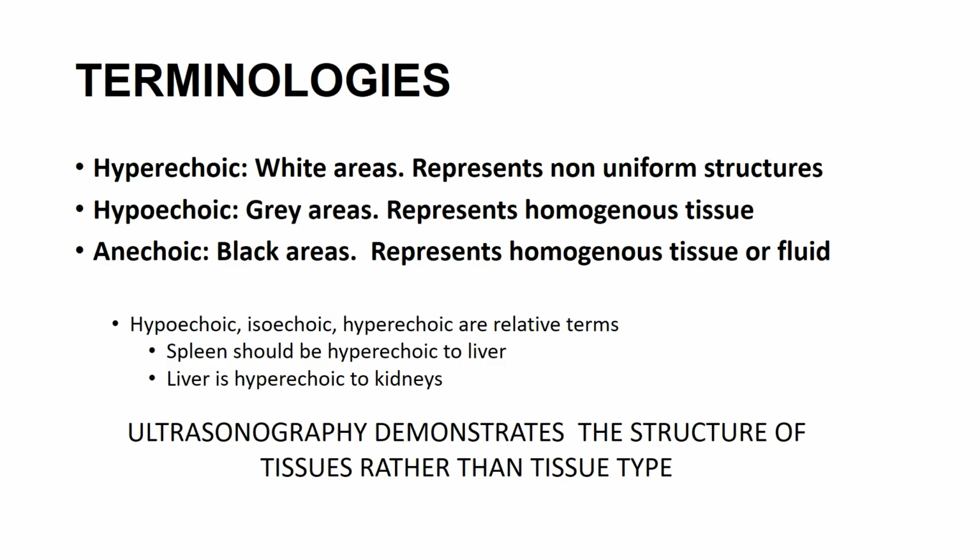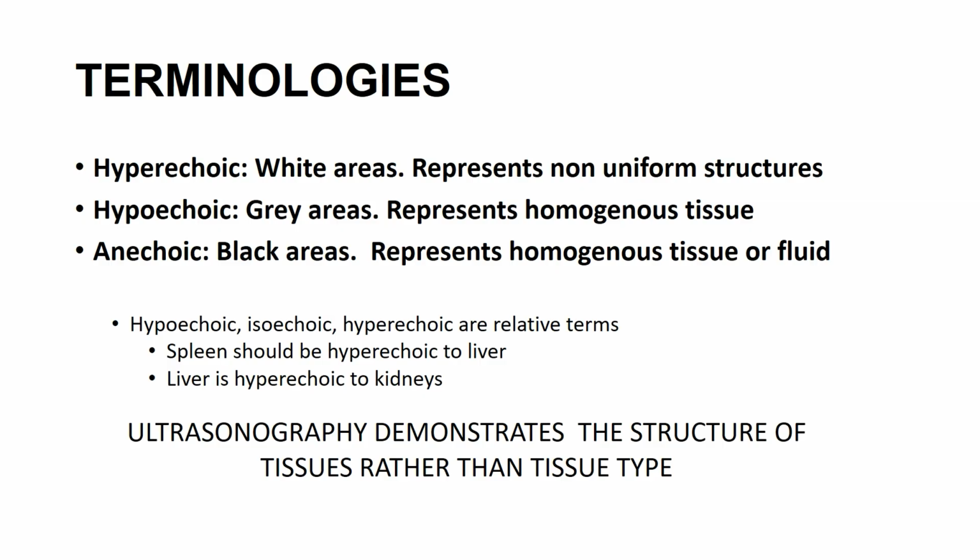That means there is increased echo, meaning a white area on the ultrasonograph. It represents non-uniform structures present in the body, while hypoechoic means low echo, that means more gray areas, which represent homogeneous tissues.